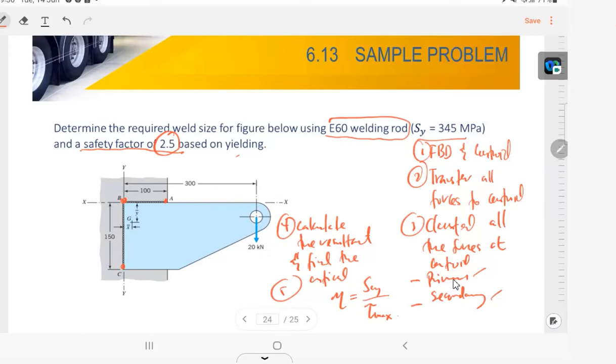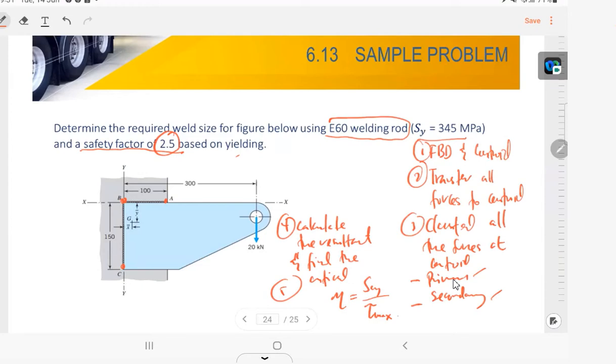Okay, I put this slide on e-learning, so you can open e-learning. So, free body diagram, then centroid, all the formulas are given. Then transfer all the forces to the centroid. Then classify primary, secondary.